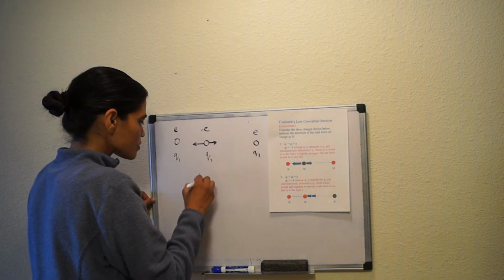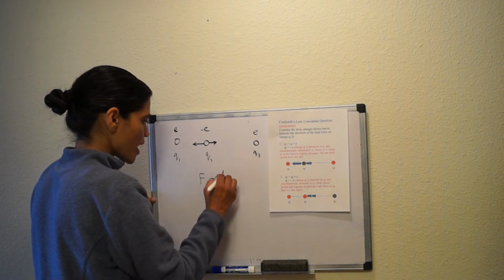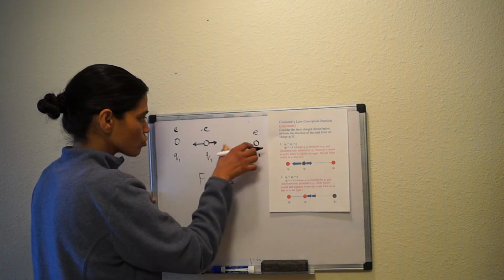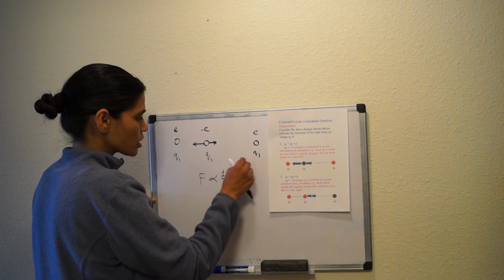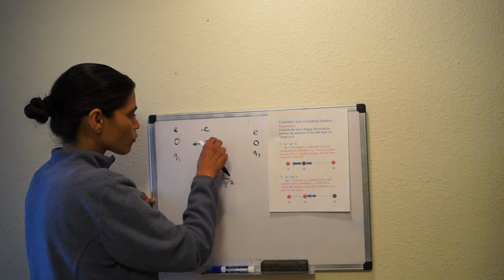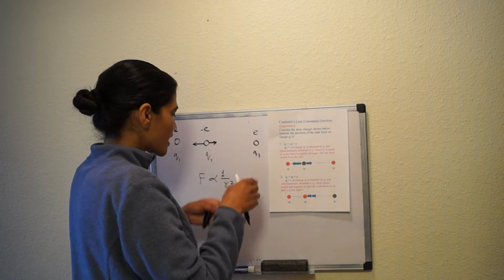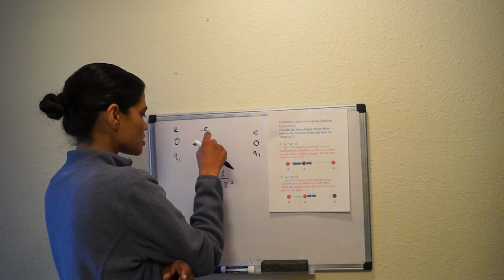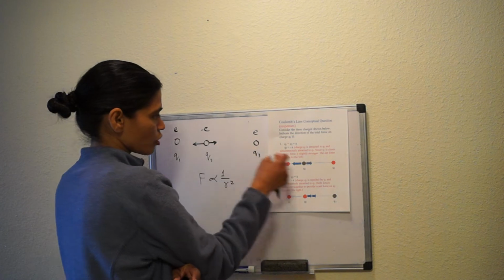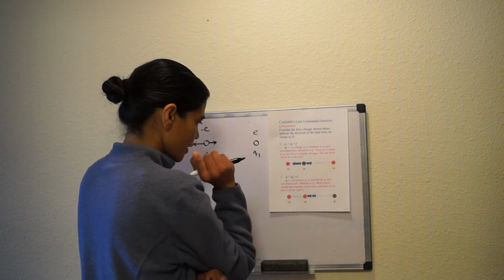And we know Coulomb's force F is 1 over r squared. The distance between Q2 and Q3 is longer, which means the force is going to be smaller. So to say that the force due to Q3 on Q2 is smaller, we make that arrow small, okay? So small arrow, bigger arrow.